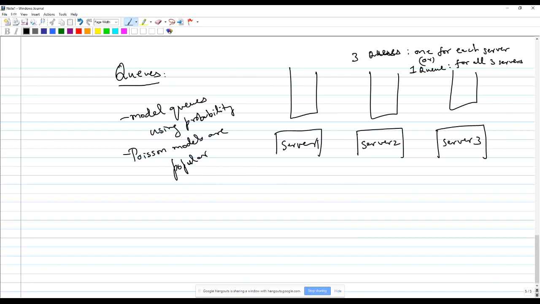Hopefully this gives you some rough idea about how networking uses probability. I've not gone into great detail here, but this is the kind of picture that you have to keep in mind. I gave you a simple example, but even in a networking scenario, the same thing is true.